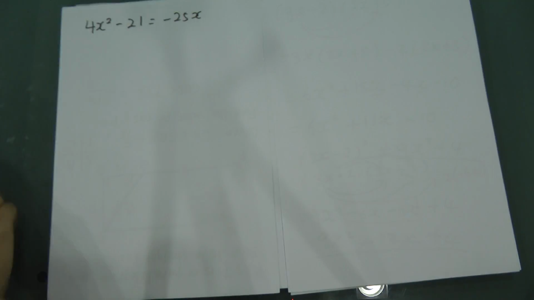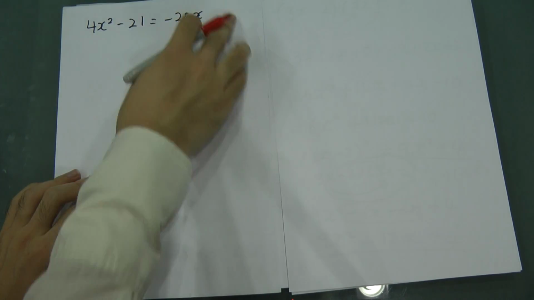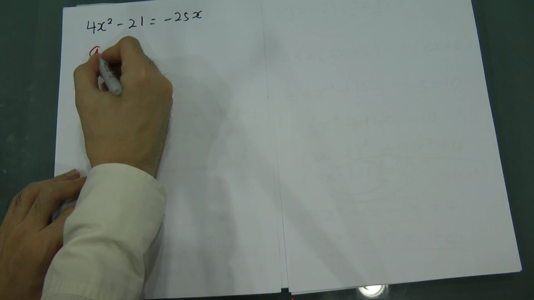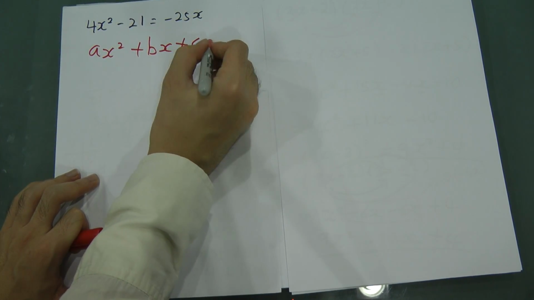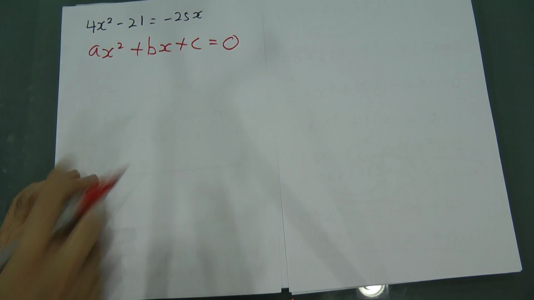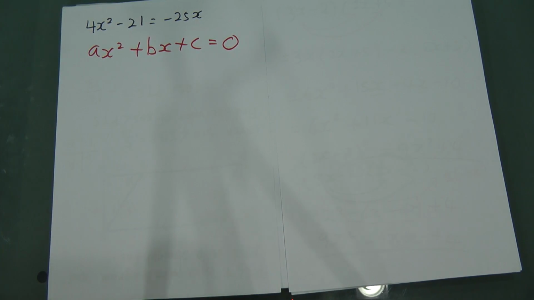In order to solve this kind of question, you must rearrange it to the general form. What is the general form? The general form is ax squared plus bx plus c equal to 0, where a, b, c are constants.